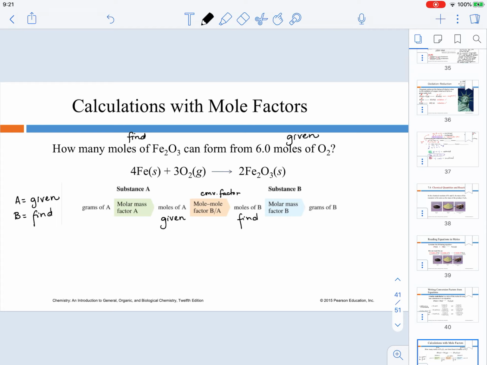Okay, and the mole to mole factor is basically based, I'm just going to put it right here in the corner, mole to mole factor is based on the coefficients of the balanced chemical equation.